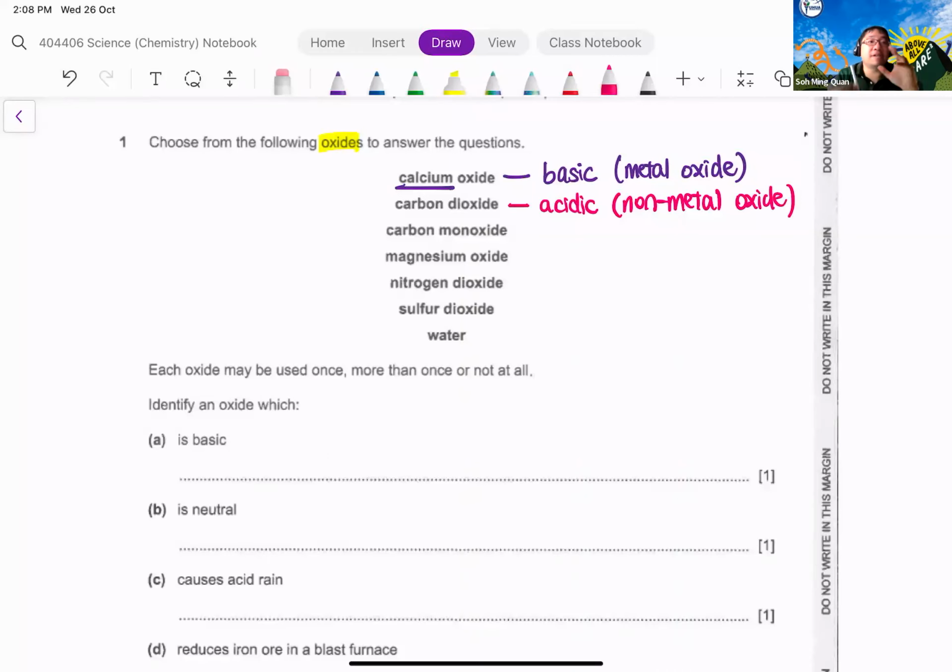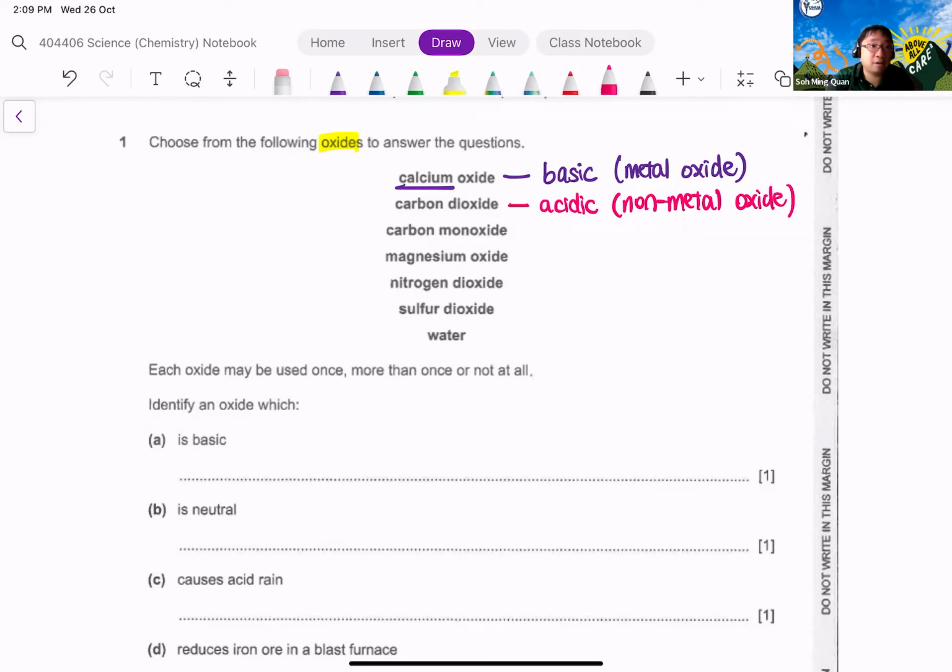So what's the key concept here? There are 2 key concepts. The first key concept is that metal oxides are basic, non-metal oxides are acidic. The second concept is that basic oxides only react with acids.